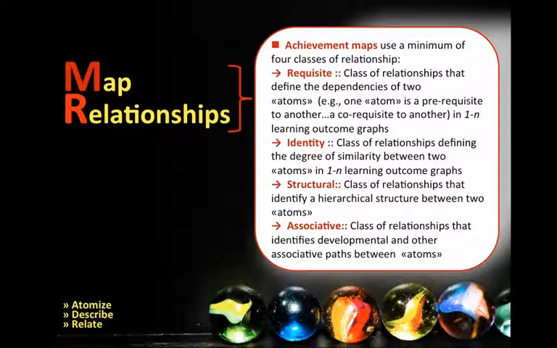There are many kinds of mapping relationships, and I will only briefly touch on them here. They are in a growing class. In other words, what are the kinds of relationships that make up these mapping structures? We identify 4 categories: requisite, identity, structural, and associative. And there may be more waiting, as we say, in the wings.